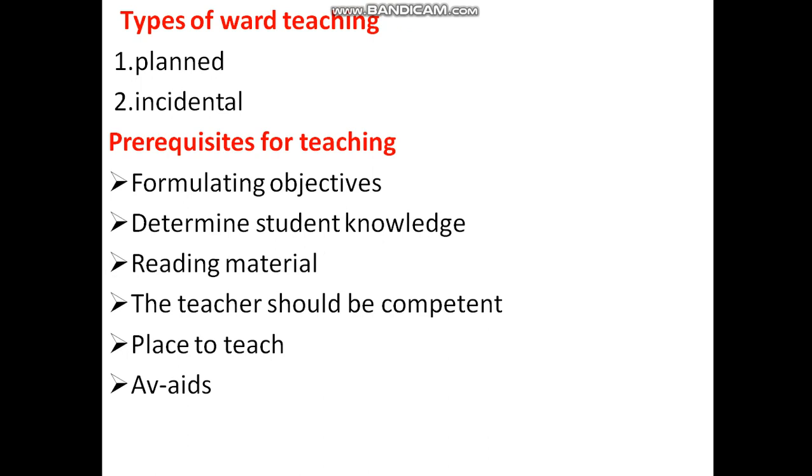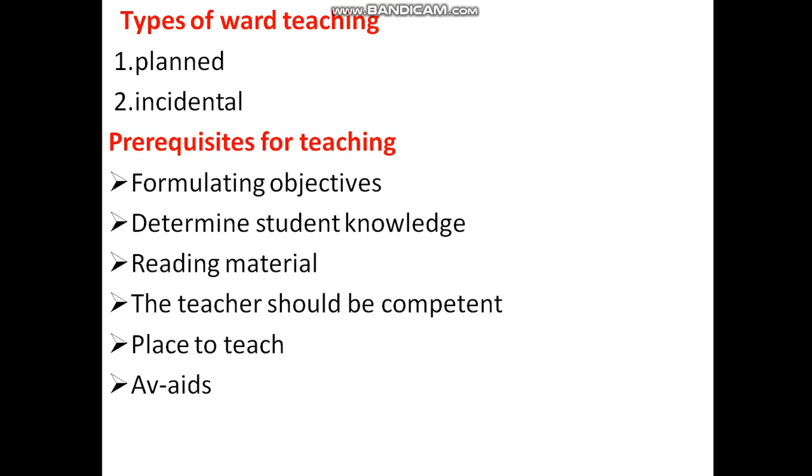The objectives made by the teacher should be clearly stated in terms of understanding, attitudes and skills. Then the objectives made by the students are formulated in terms of knowledge, attitude and skill.